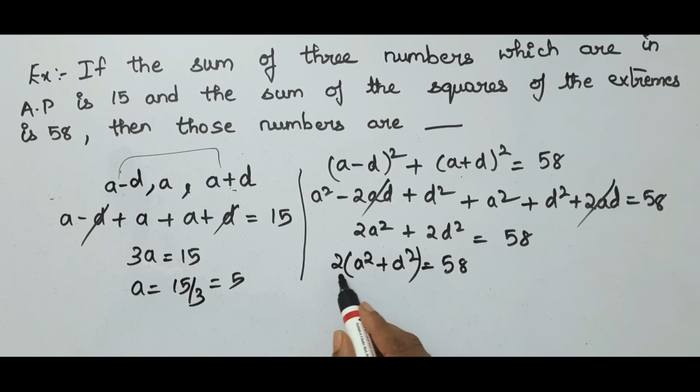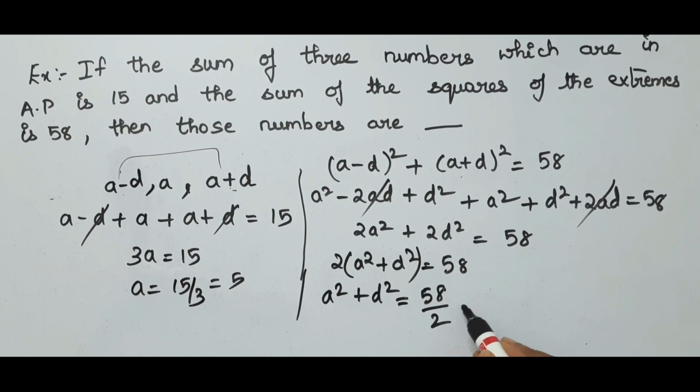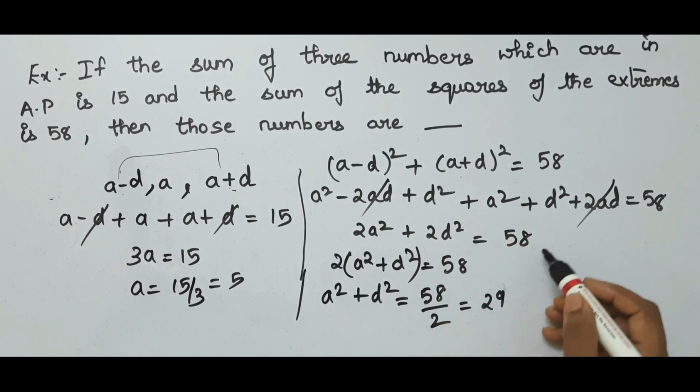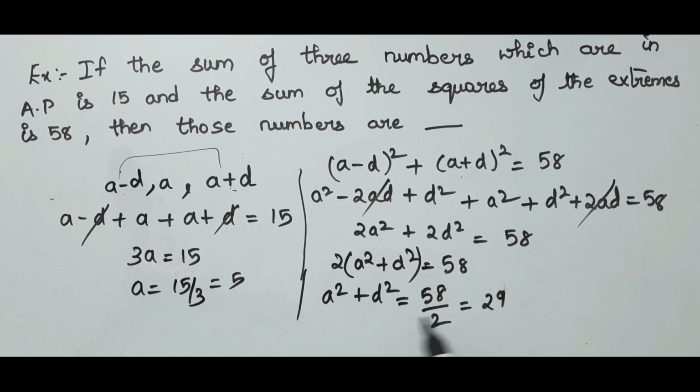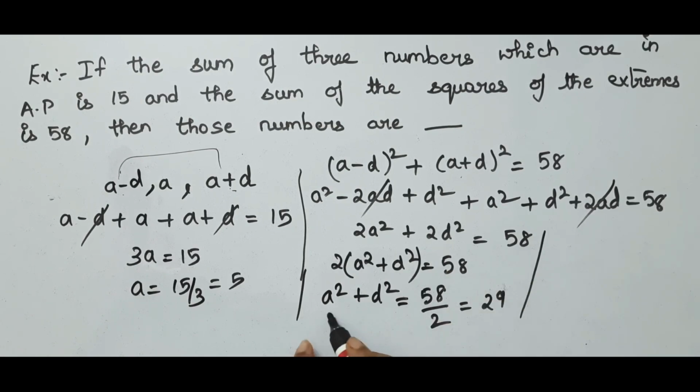Now bring 2 to this side. So this becomes a square plus d square is equal to 58 by 2. 58 by 2 is nothing but 29. Now we got a square plus d square is equal to 29. Here we got the a value as 5, so let us take it here.